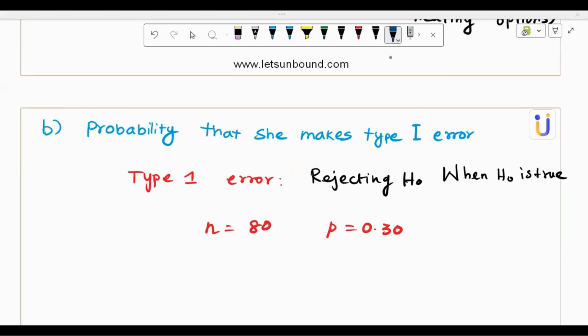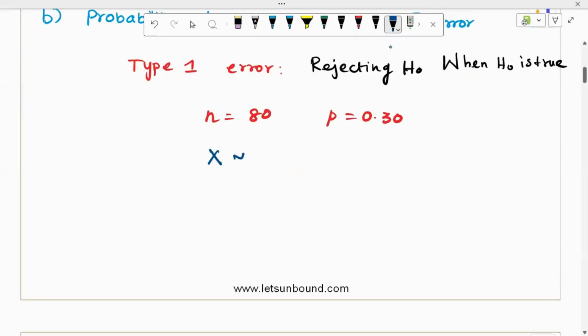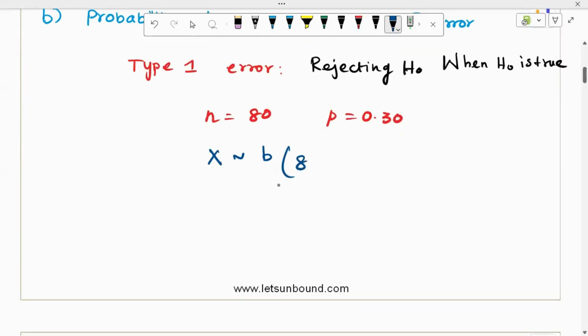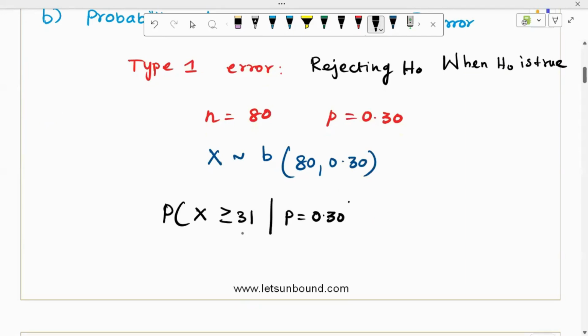Let me write the binomial distribution, the CDF. It is 80, 0.30, but at least 31 means we need the probability that X is greater than or equal to 31, where the probability is 0.30, right?